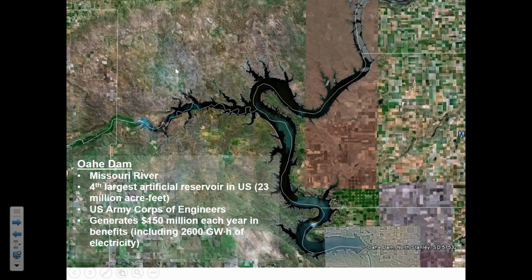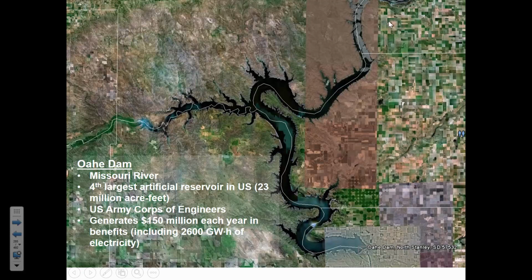Just as an application and to give you some background of how we often use the continuity equation, one of the largest reservoirs in the United States is the Oahe Dam. And it's right at the border of North Dakota and South Dakota. They've dammed the Missouri River, and it's relatively flat out here.